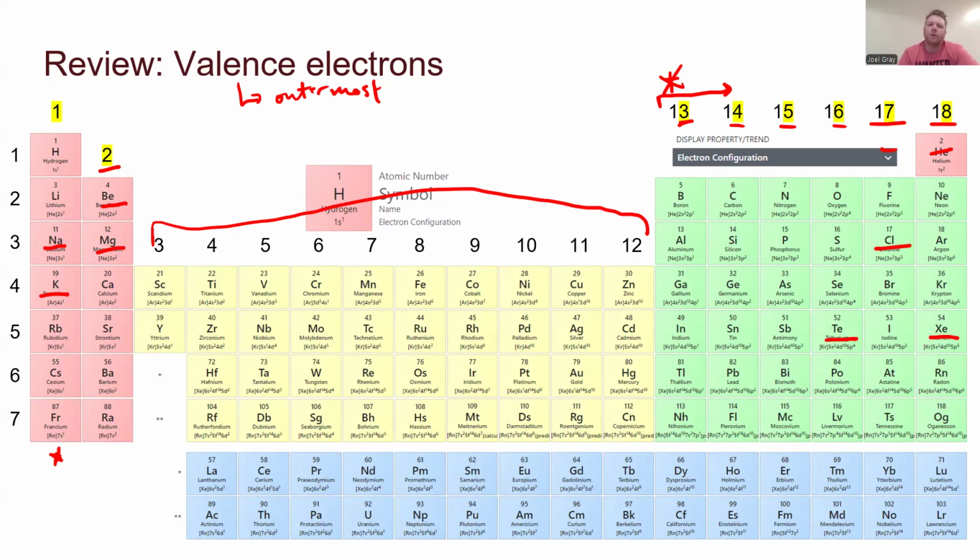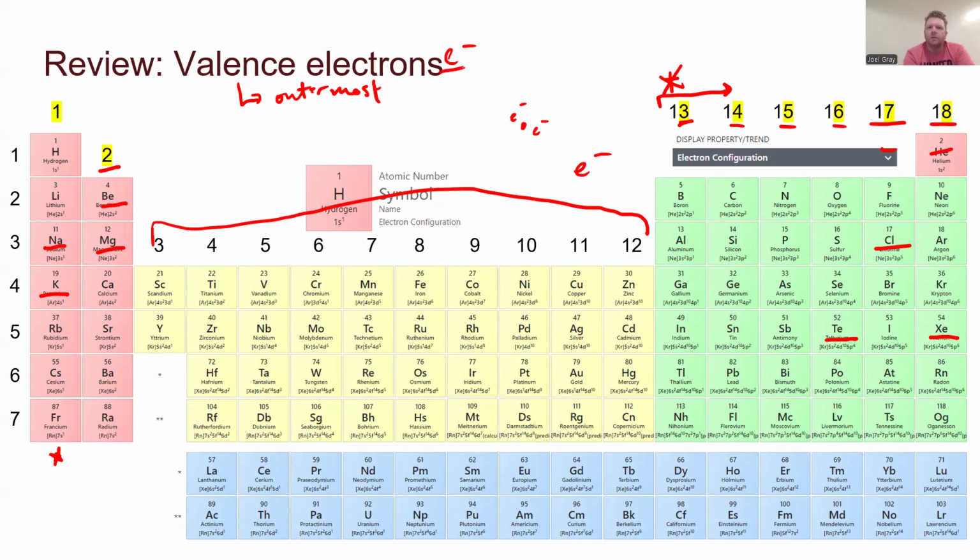Now, when it comes to our outermost electrons, those are the ones that are farthest from the nucleus. So if we were to draw an atom and say, okay, here's a nucleus, here's some electrons, here's some electrons, and then your valence electrons are going to be way out here and here.